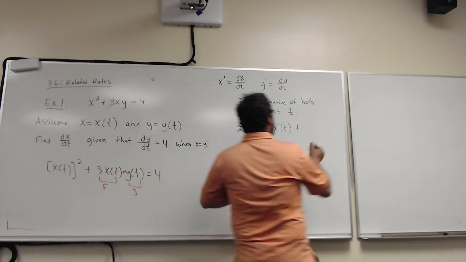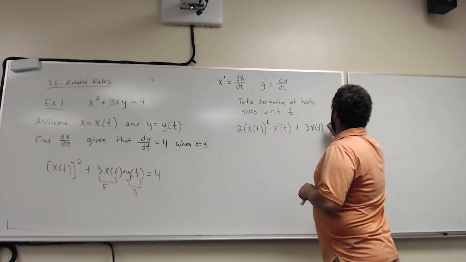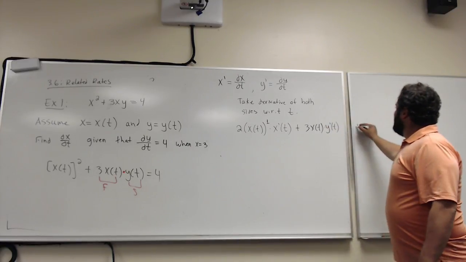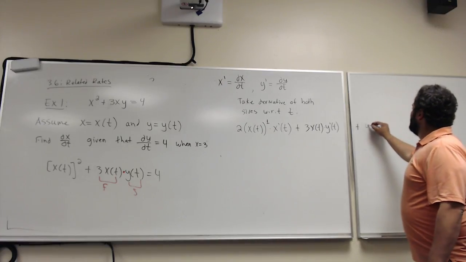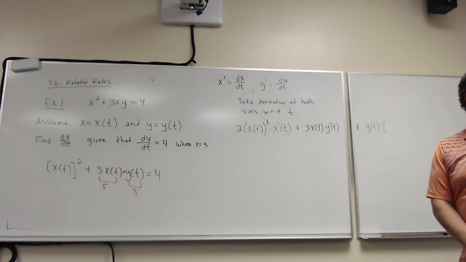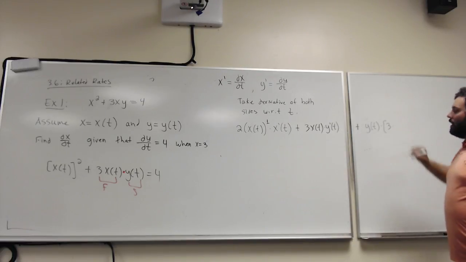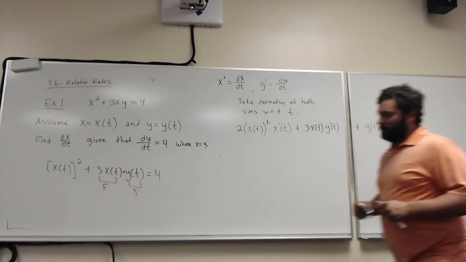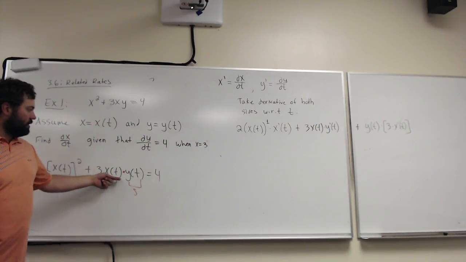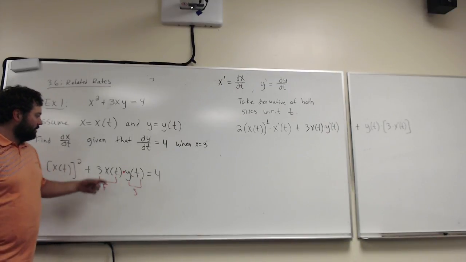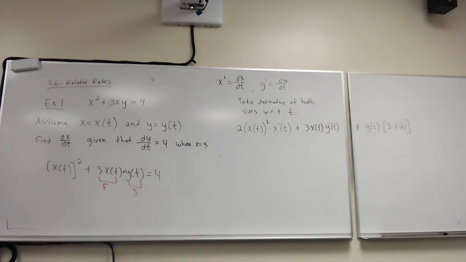Okay, so you're going to take the first function, 3x of t, times the derivative of the second, y prime of t, plus the second function, y of t, times the derivative of 3x of t. It'd be 3 times x prime of t. So that was product rule. I did the first function, 3x of t times the derivative of the second, that became y prime, plus the second function, y of t, times the derivative of the first, which is just 3x prime.